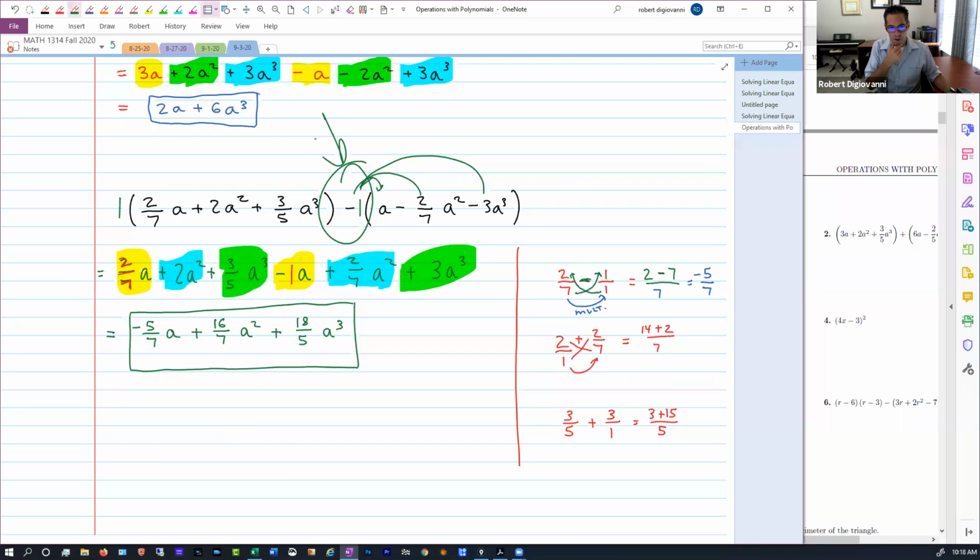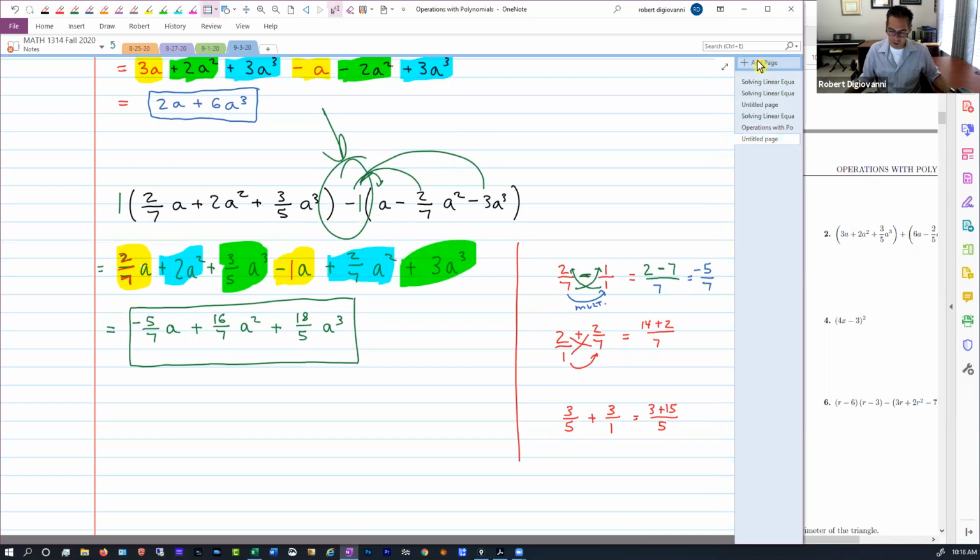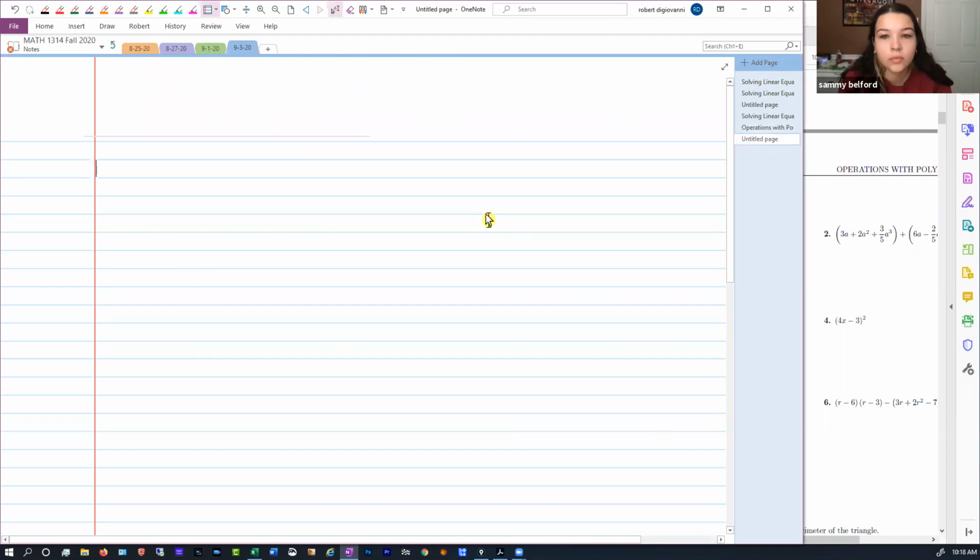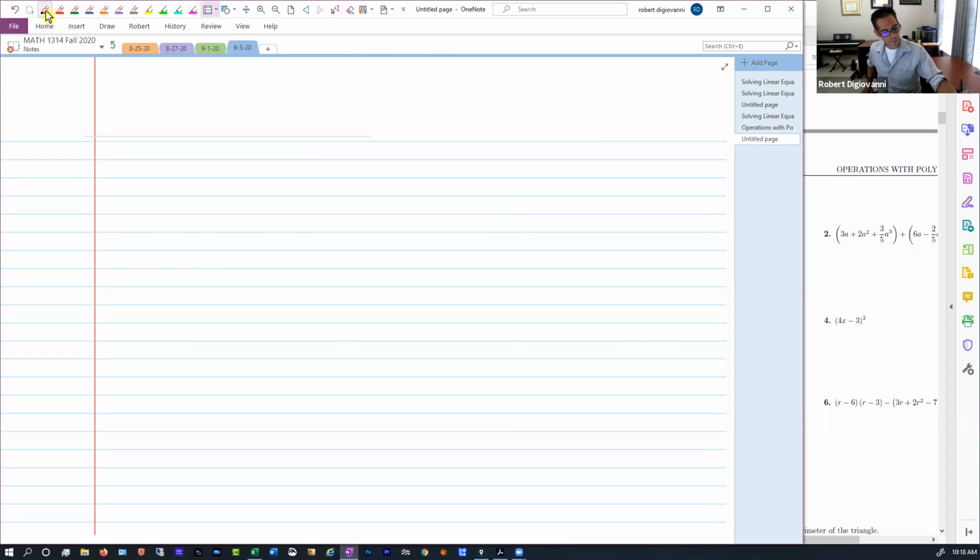Let's go to multiplication. All right, let's talk about multiplying. And this is always interesting. So let's do this. I'm going to give you a binomial. Just going to make one up.